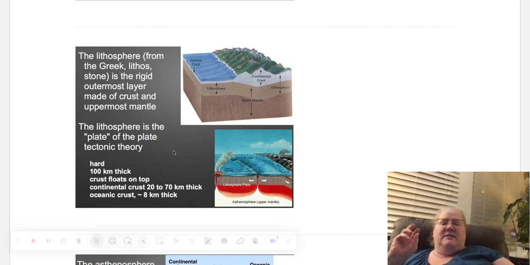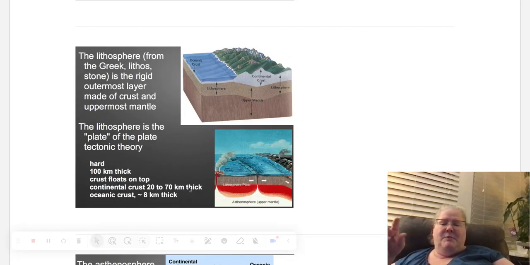It's about 100 kilometers thick. It's hard. It's not soft and squishy. And it floats on top of that squishier part of the mantle. And it runs anywhere, depending, from 100 kilometers thick to as shallow as 20 to 70 kilometers thick.